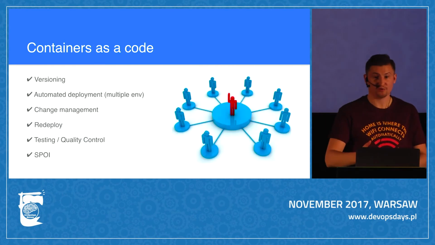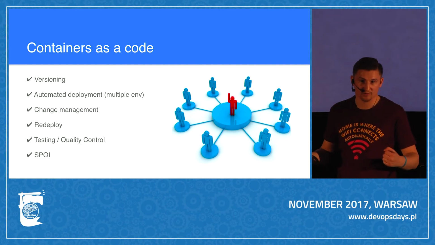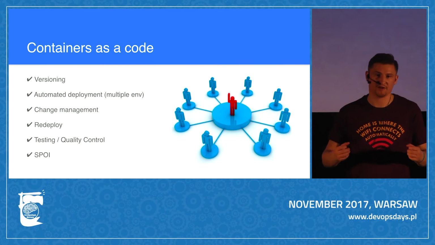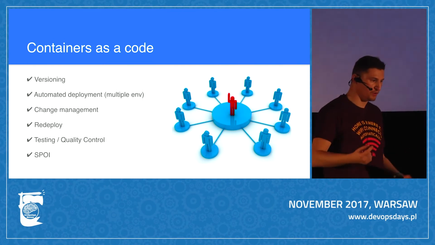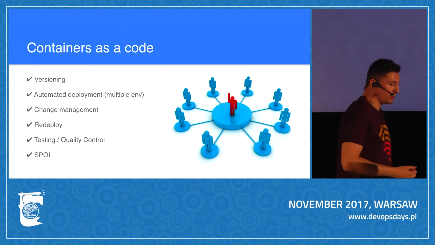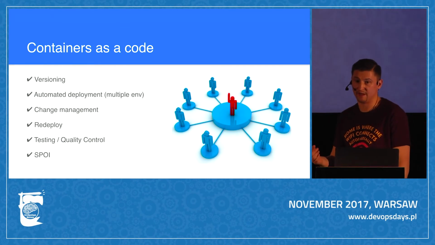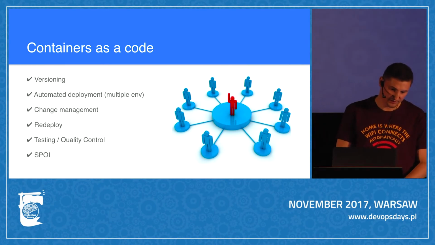and using this path in your application. Okay, to summarize, we should treat containers as code, because putting containers on the infrastructure is still part of the infrastructure. If we think that way, we can have versioning, like mentioned, of the specification of the containers.